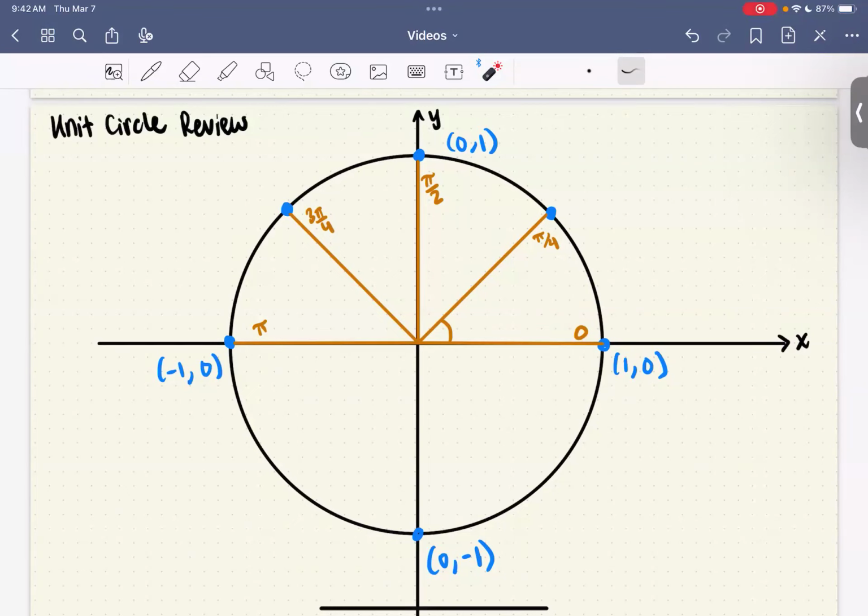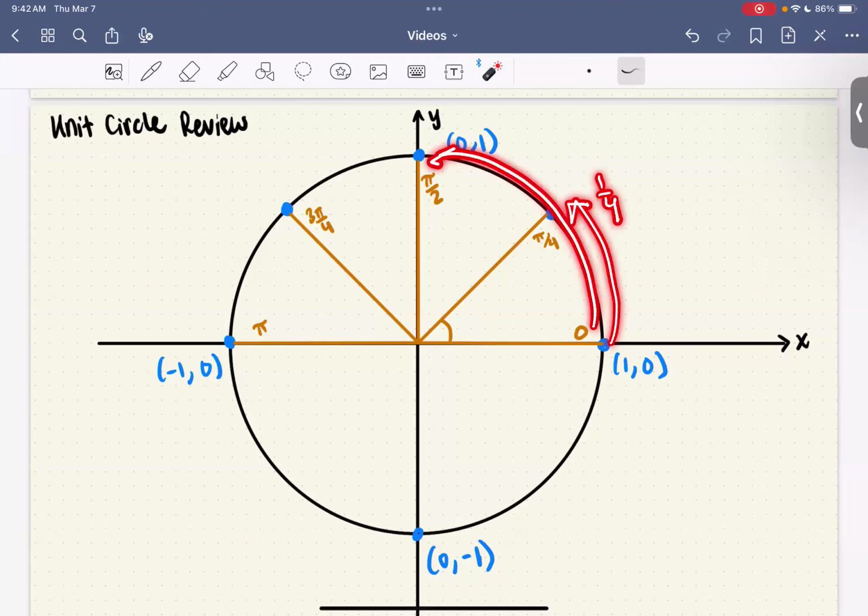I like to draw these first because they section off this upper half of the circle into fourths. So you split it in half, and then you split each half in half, right? So I've got pi/4, pi/2, 3 pi/4, and pi. The way I like to remember this is that I have one copy of 1/4, like I have 1/4 of this piece of the circle.